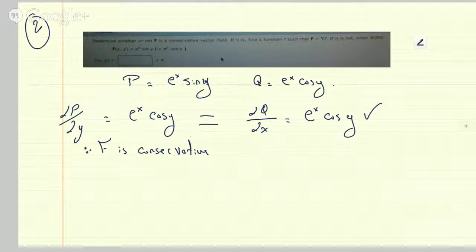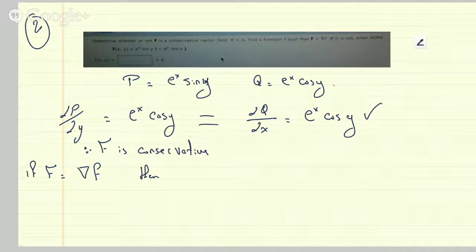Having discovered that the field is conservative, if it is to be the gradient of some function f, then the partial derivative of that potential function with respect to x has to equal P, the x component of the vector field, which is e to the x sine y.